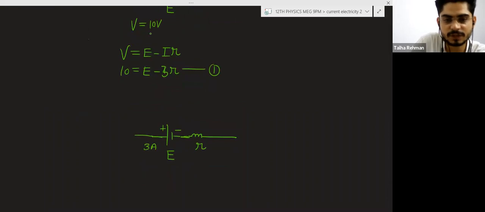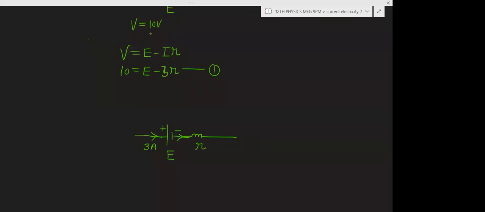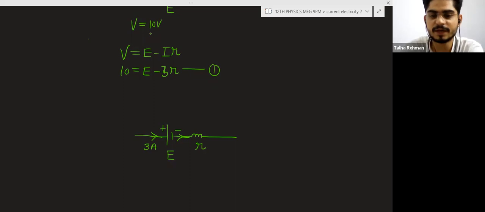Now the current will flow in this direction. So is this the condition of charging or discharging, Hamza? Charging. Yeah, charging, because here the current is flowing from the negative terminal.